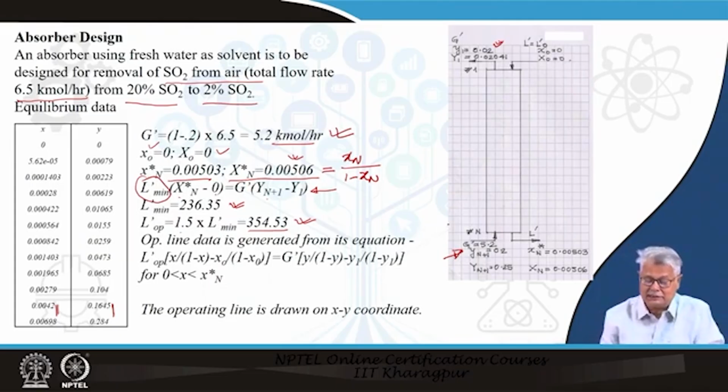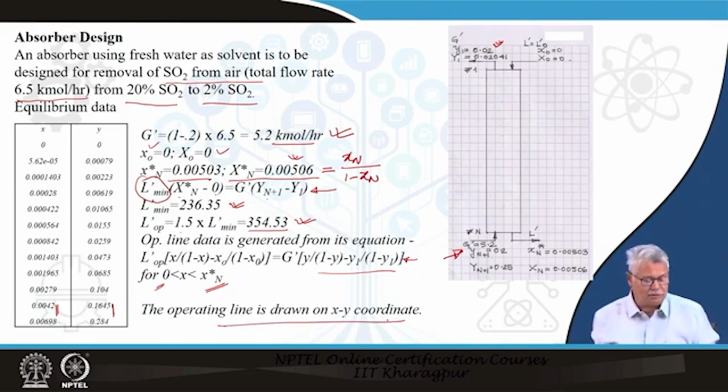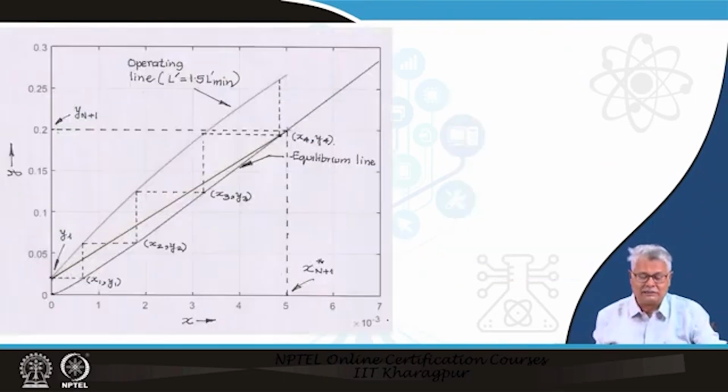Now what we do again is write the operating line equation here, and we know my range of interest in X will start from 0 and the maximum value can be Xn star. So if we take different values of X, it's possible for me to find the corresponding values of Y and plot the operating line on the X Y coordinate. We have done just that.